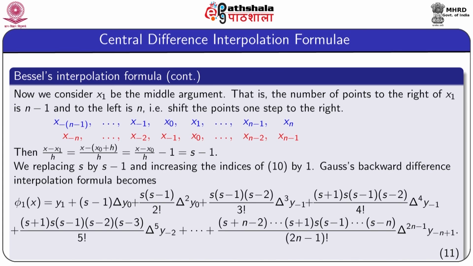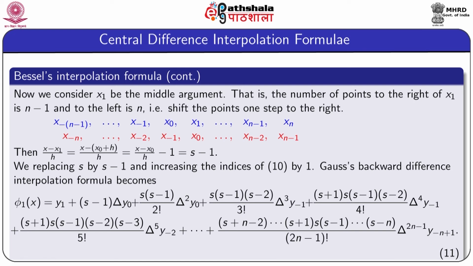But we would like to renumber the points as mentioned below. Now, we consider x1 as the middle argument instead of x0, that is, the number of points to the right of x1 becomes n minus 1 and the number of points to the left becomes n. That means we have to shift the points one step to the right.